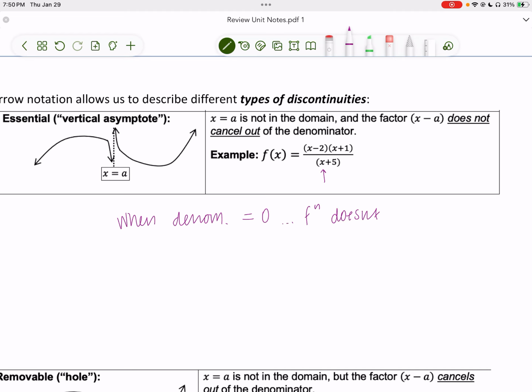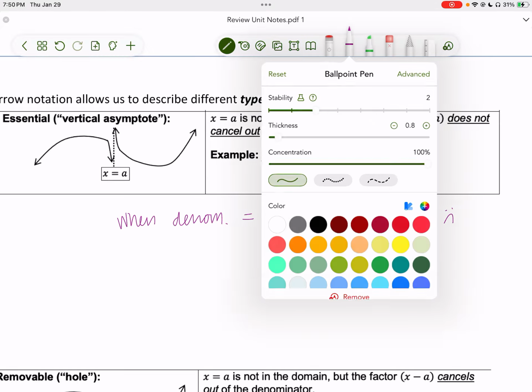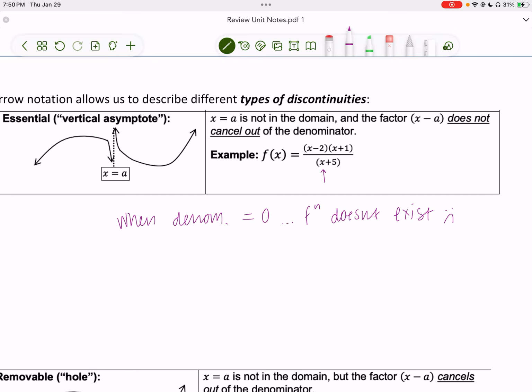We can't have a denominator of 0. So that is where we have our vertical asymptote. In this example, we know that x plus 5 can't equal 0, so x can't equal negative 5. And so that's where you have your vertical asymptote. There's your dashed line at negative 5.